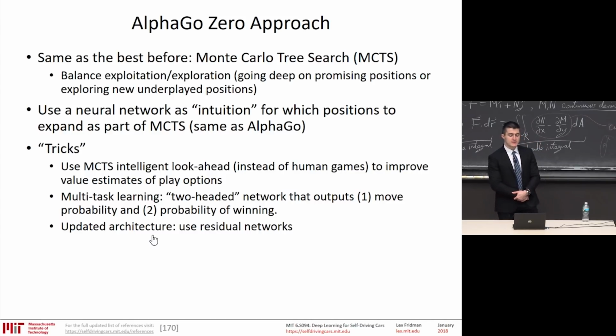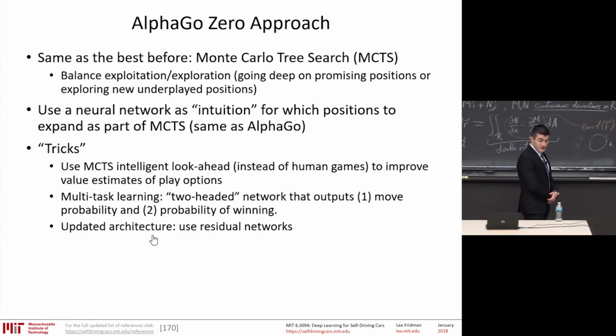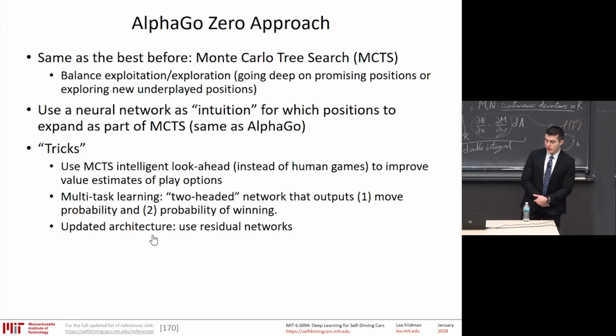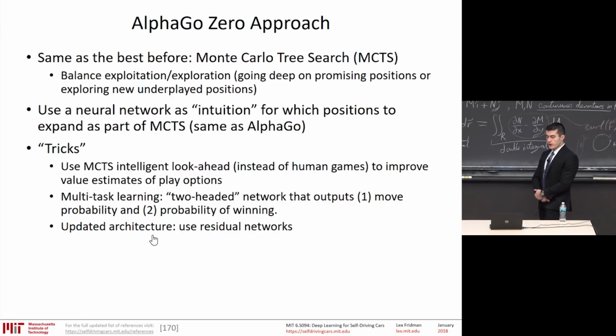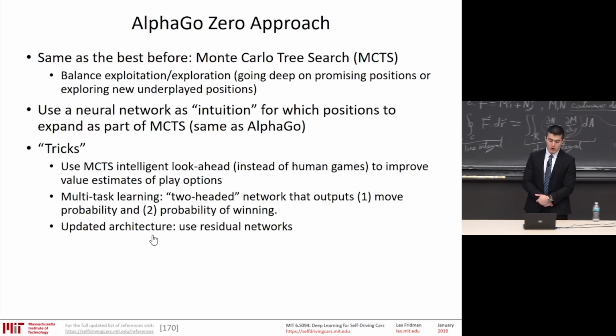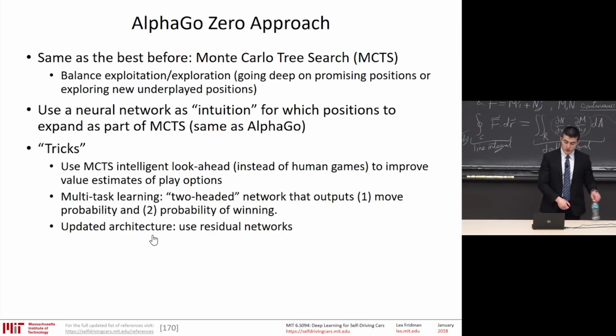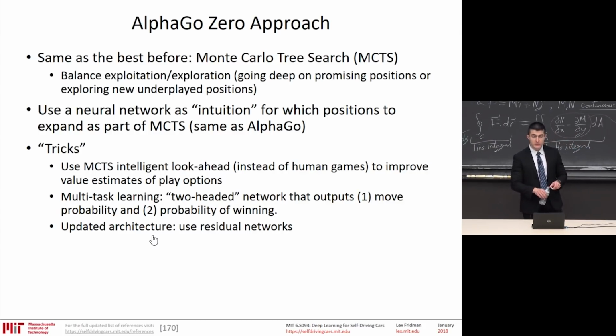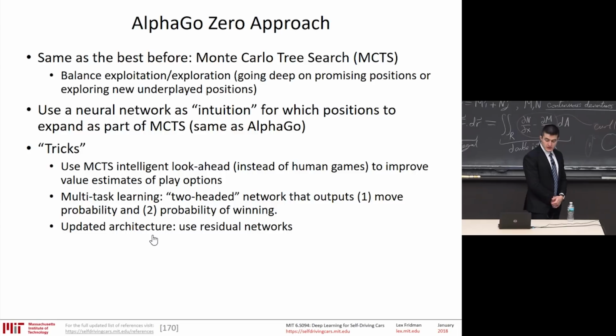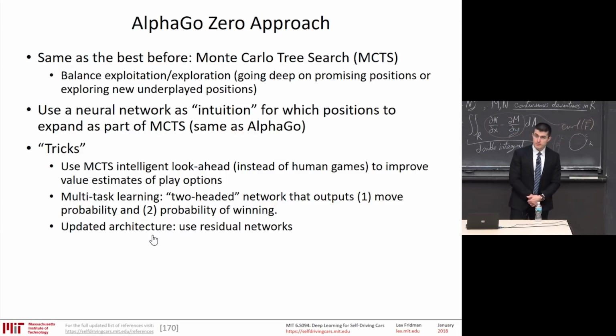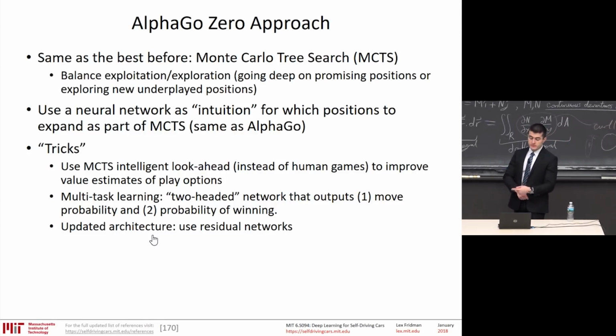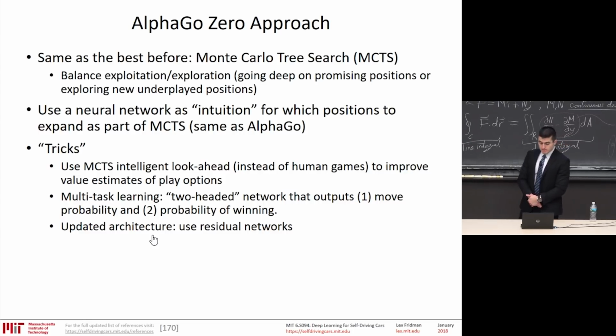And the key things, again, the tricks make all the difference, that made AlphaGo Zero work and work much better than AlphaGo is, first, because there was no expert play, instead of human games, AlphaGo used that very same Monte Carlo tree search algorithm, MCTS, to do an intelligent look ahead based on the neural network prediction of what are the good states to take.